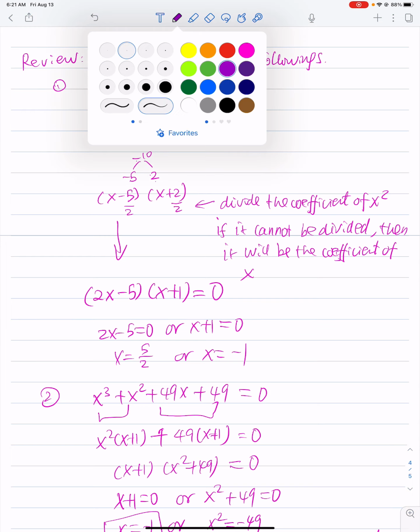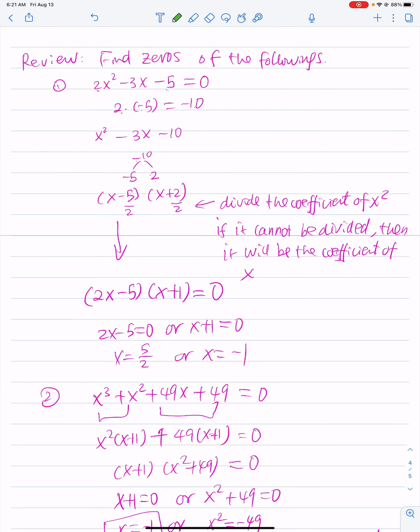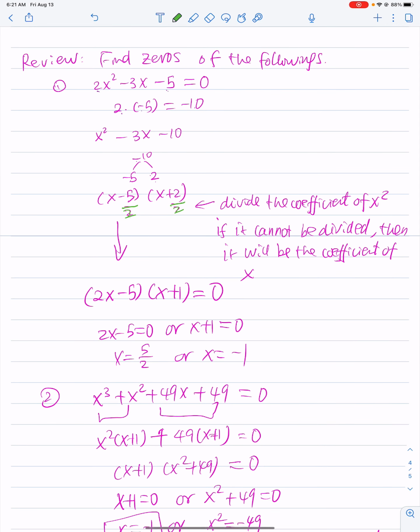This is a very special technique. You divide by the leading coefficient here. If it can be simplified, like 2 over 2 is 1, then keep it. If it cannot be simplified, you move the denominator in front of the x.